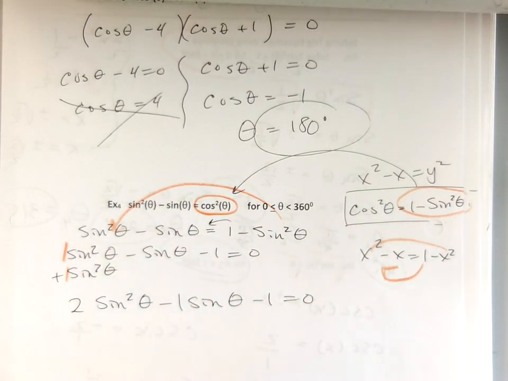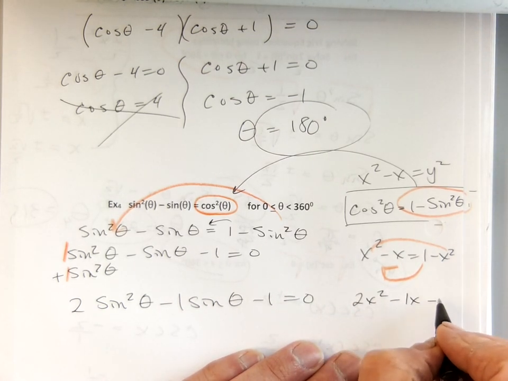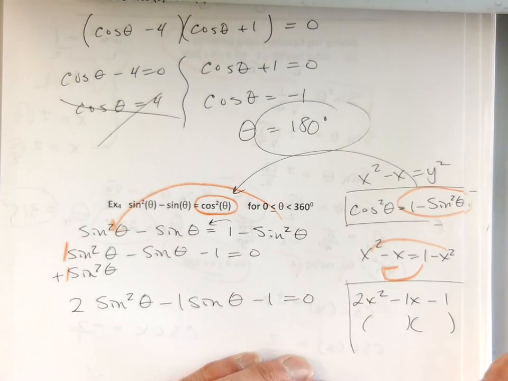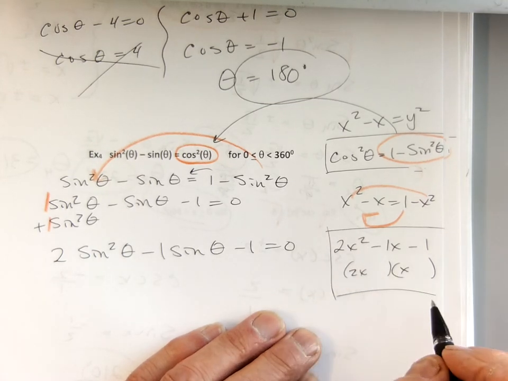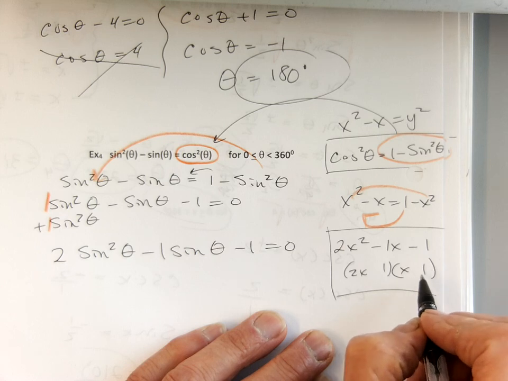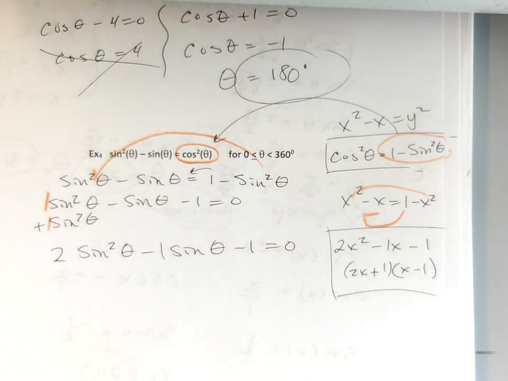Now, let's go back to some algebra. If you had to factor this, a little algebra, probably 2x, x, right? 1 and 1, and I'm probably going to have a negative and a positive. I think that's how it would factor, to get a middle term of negative 1.